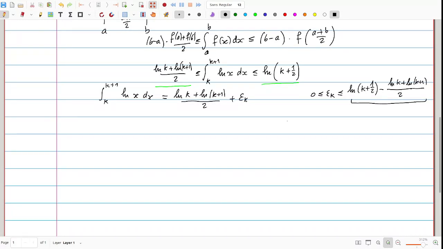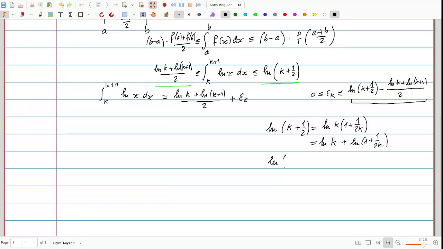So remember that the logarithm of k plus 1/2 is equal to the logarithm of k, collect k, so we have 1 plus 1 over 2k, and this is equal to the logarithm of k plus a small error, which is the logarithm of 1 plus 1 over 2k.